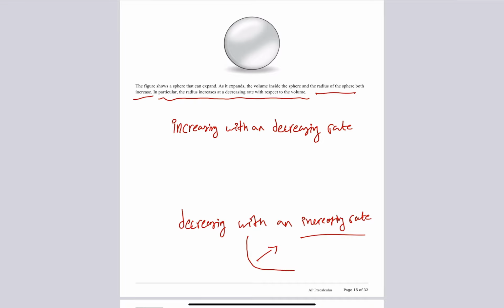So if it's increasing with a decreasing rate, it's going to look like this. Concave down, because it mentions decreasing rate. Now, what if it's decreasing with a decreasing rate?